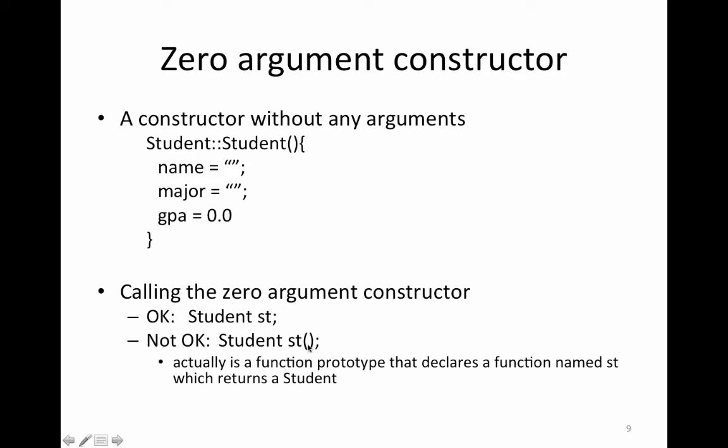Because up until now, anytime you called a 0 argument function, you still had to provide a pair of empty parentheses. But in the special case where you are calling the 0 argument constructor, you do not provide parentheses. So this is how you would declare a student if you wanted to call the 0 argument constructor.